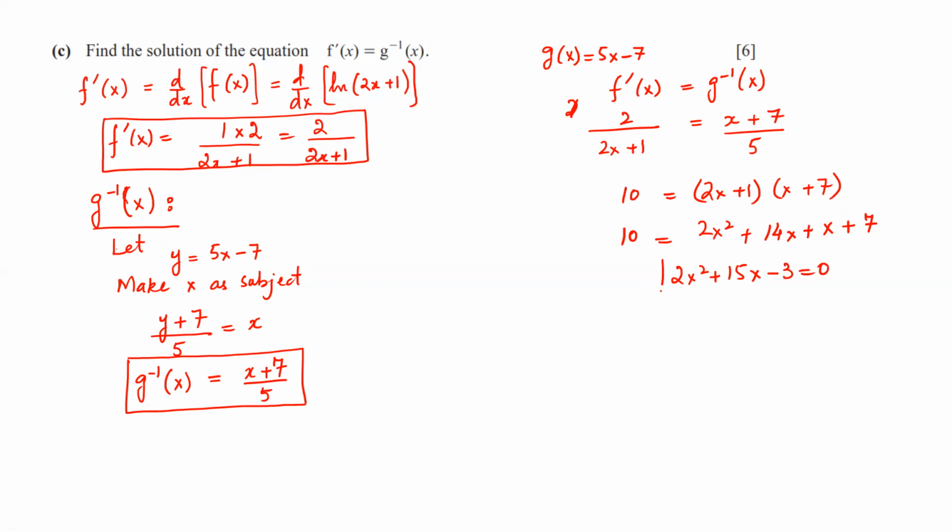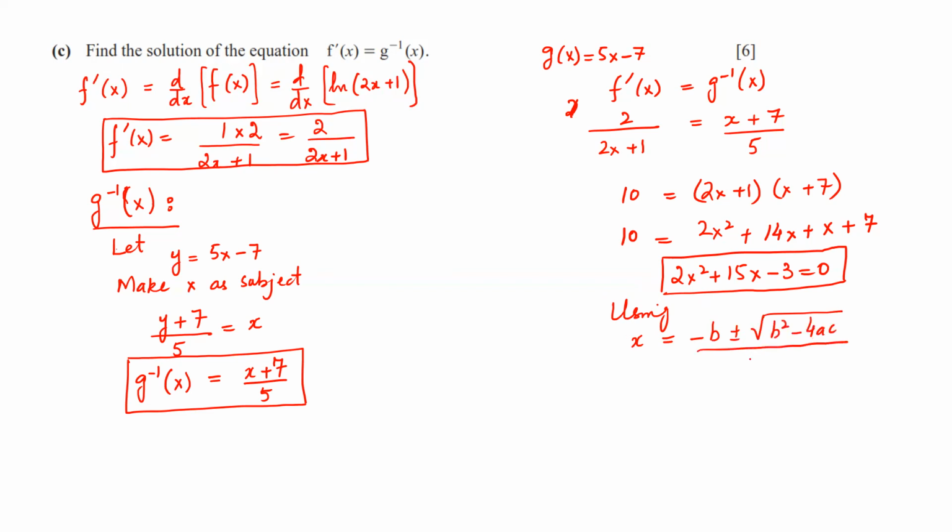So now this is a quadratic equation. Using x equals minus b plus minus under root b squared minus 4ac over 2a, we put in the values.